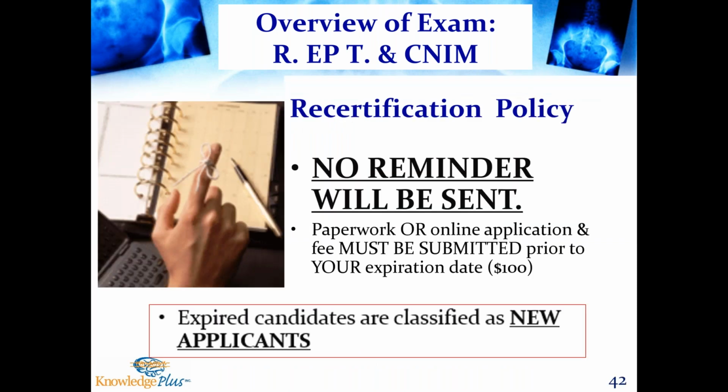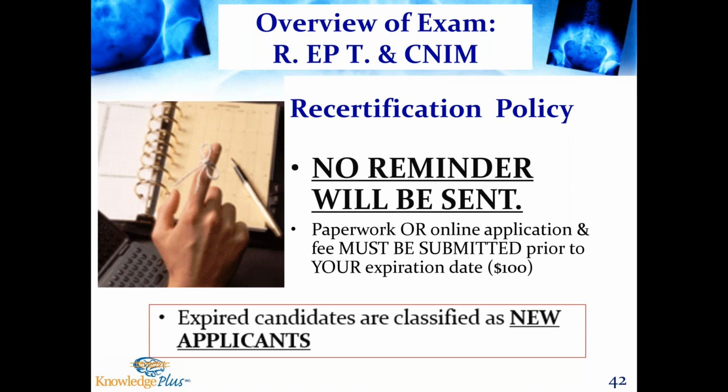Once you get your certification, it's really important to stay on top of it. At the end of 5 years, you're going to submit 50 credit hours to renew, and it's $100, but it's really important. If you fail to catch an email and it's your renewal and you expire, you are treated like a new candidate, which means you have to do your 150 cases again and provide documentation for your CPR.